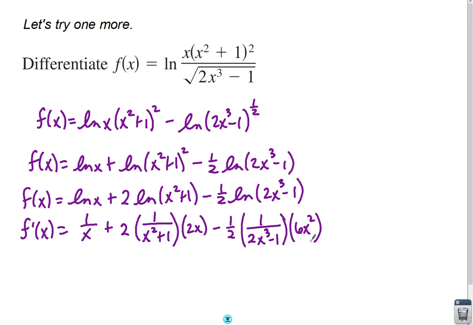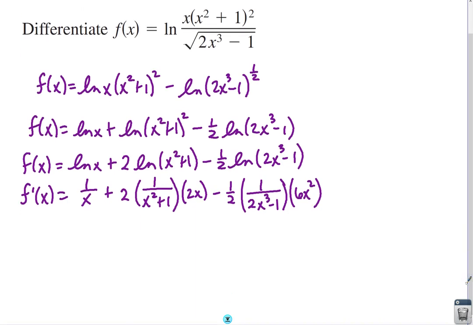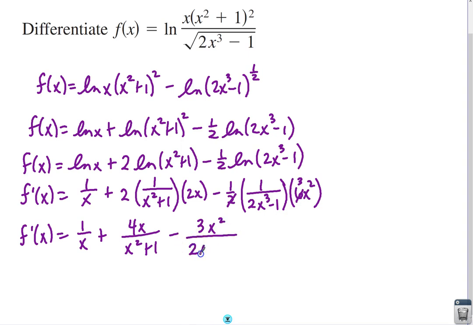Now I want to see if I can simplify this a little bit. The derivative is equal to 1 over x plus 4x over x squared plus 1 minus, this 1/2 can reduce with that 6 to make that a 3, so 3x squared over 2x cubed minus 1.